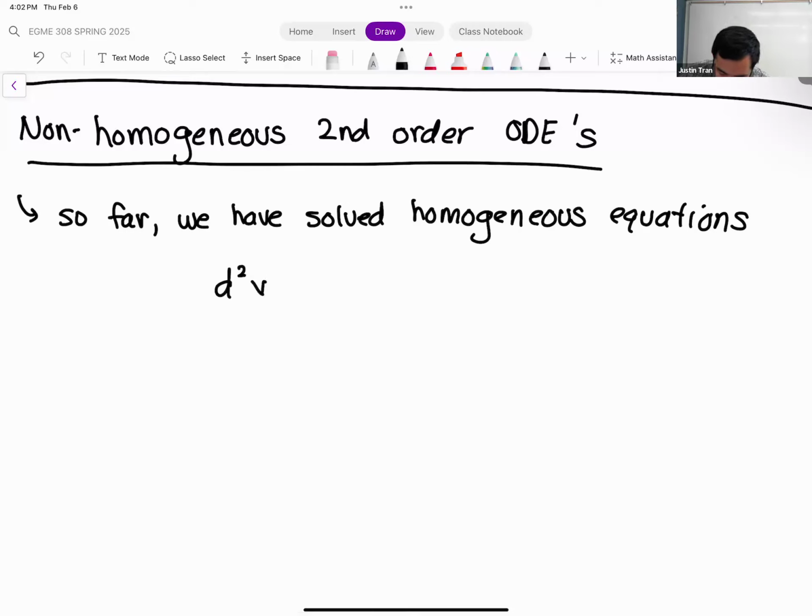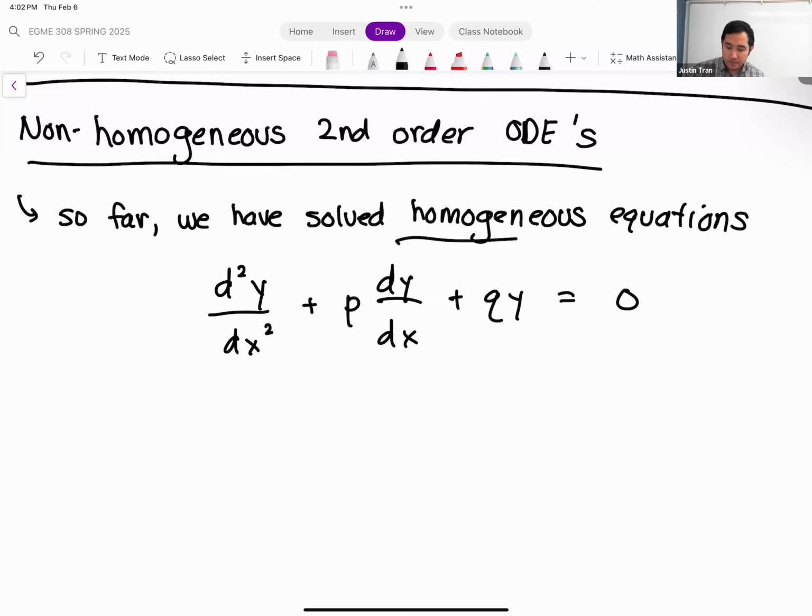So we have d squared y dx squared plus p dy dx plus q y is equal to 0. We've spent a good amount of time solving these equations, and even last class, we talked about probably their most common physical application, which is analyzing a mass spring damper.